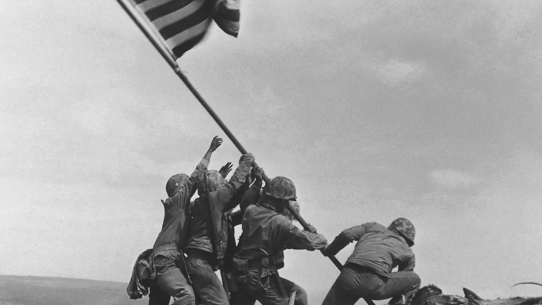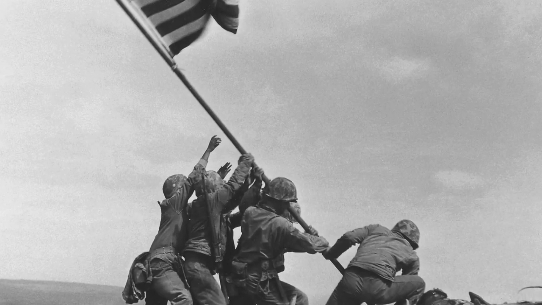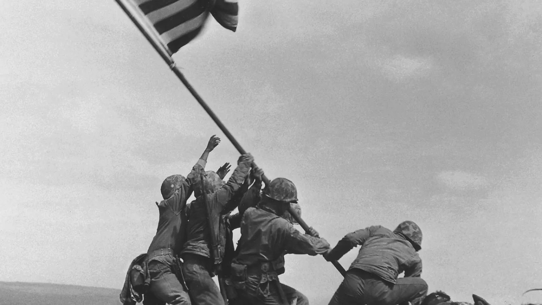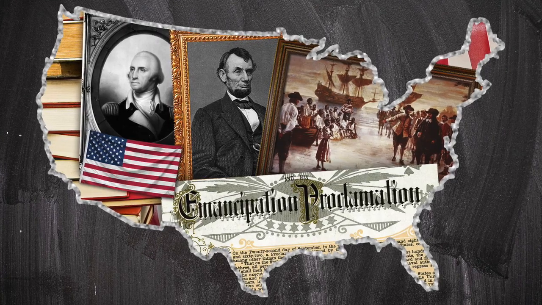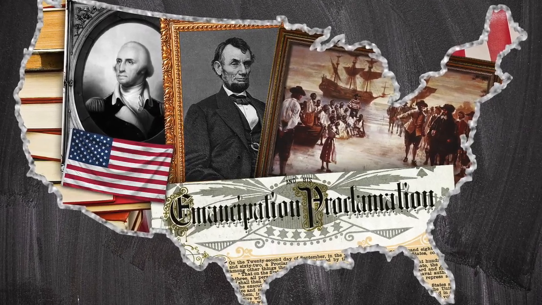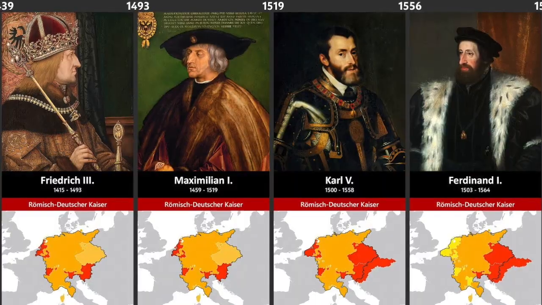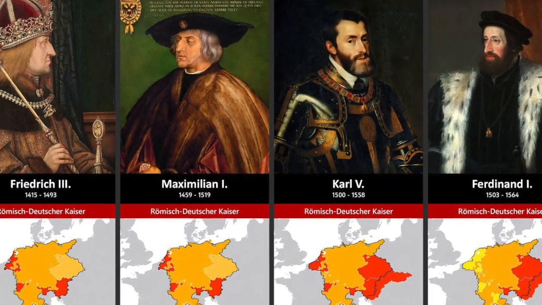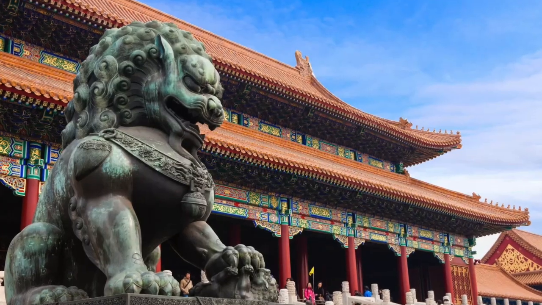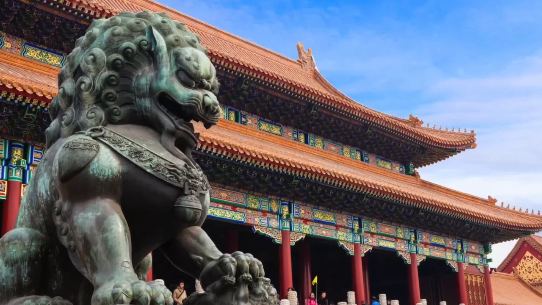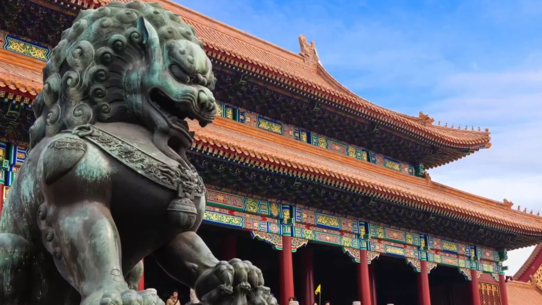After this, if you want to get a little more specific, you get American history, you get German history, and you get Chinese history. I believe those are the most common ones here, yeah.